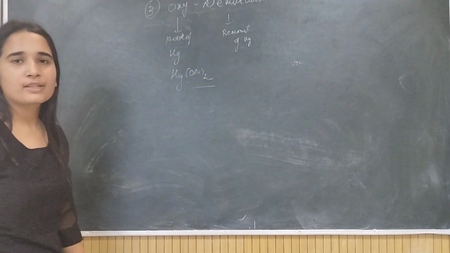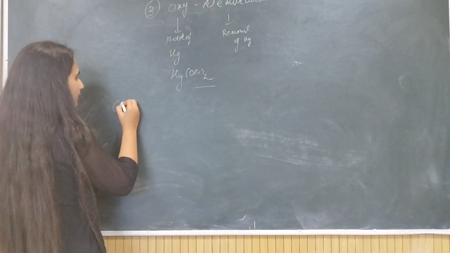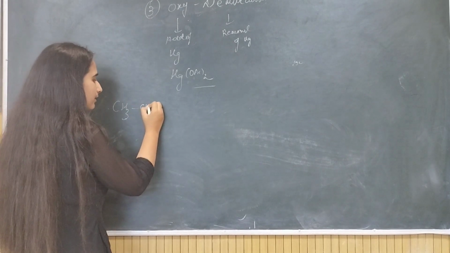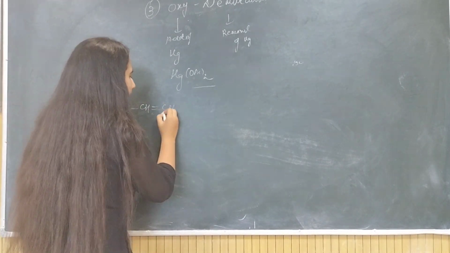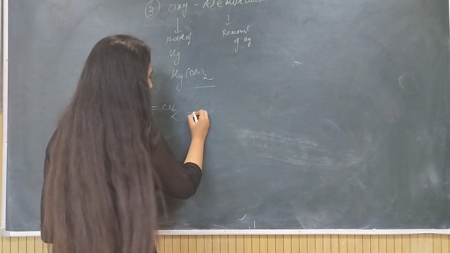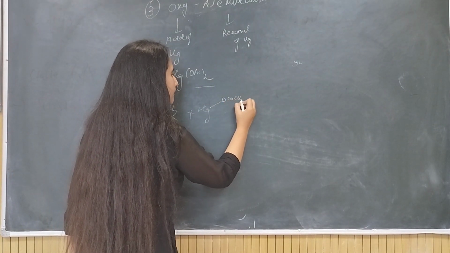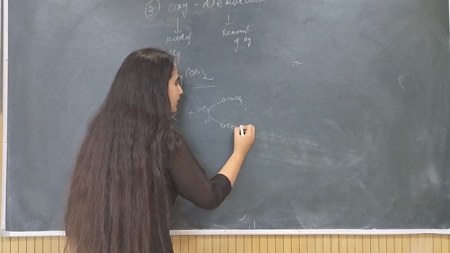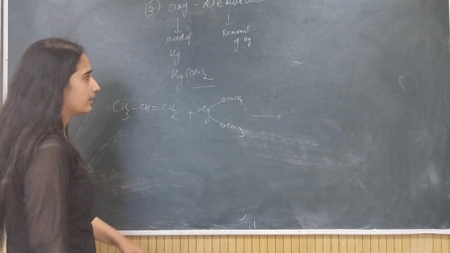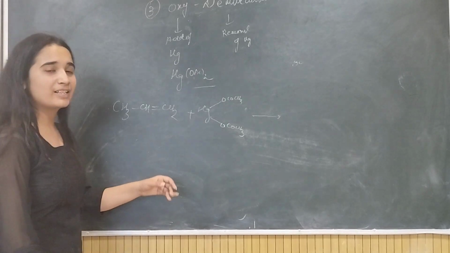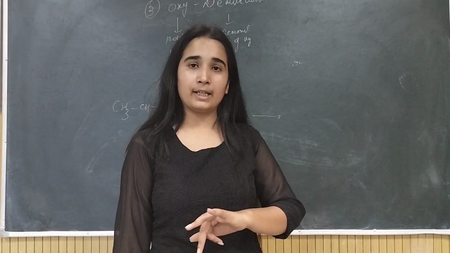This is the complex used here. Still here, the alkene is nucleophilic in nature. It attacks on mercury. Now still the question arises whether it will form Markovnikov's or anti-Markovnikov's product.